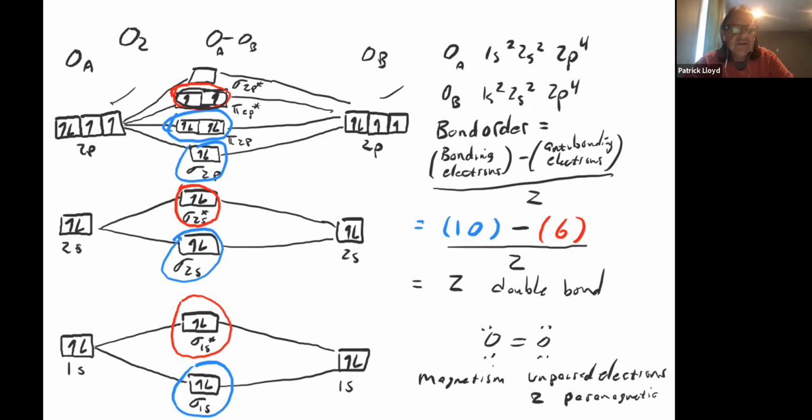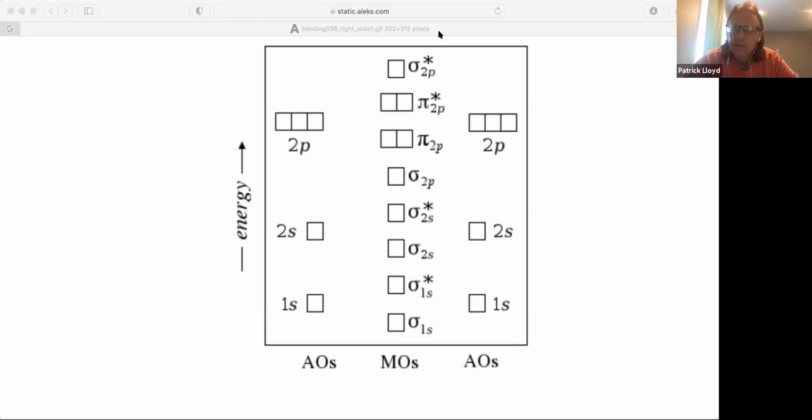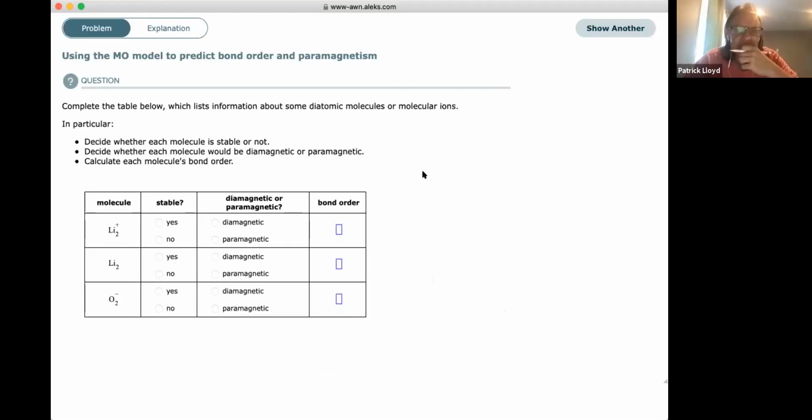Let me show you. I'm not going to go through the whole thing because this has been a long lecture. But I want to show you one more problem. And I'm just going to do part of it. This one gets at both of those issues. So is it stable? Is it diamagnetic or paramagnetic? And what's the bond order? I'm just going to do the first one, which is Li2 plus.